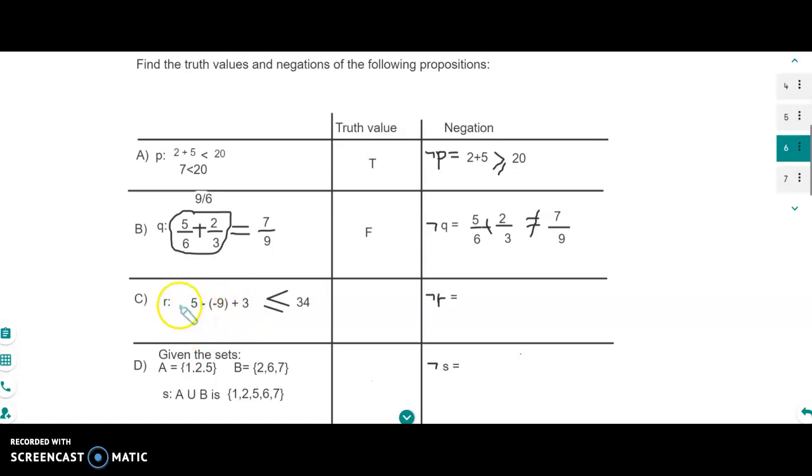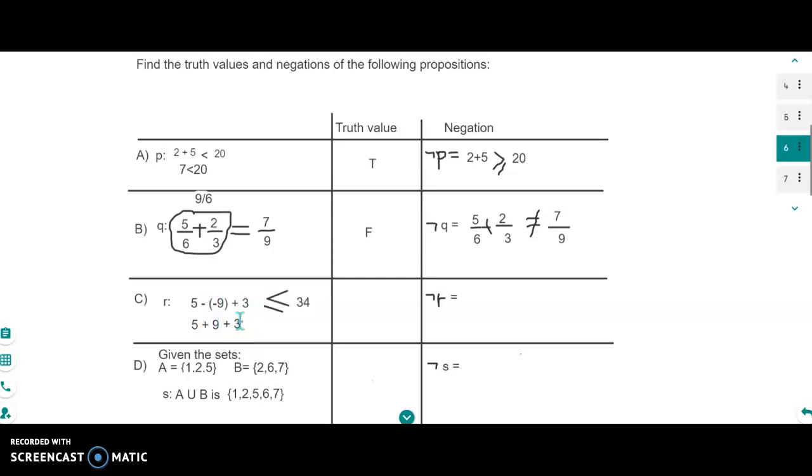Here we have 5 minus negative times negative, minus 9 plus 3. How can we find this result? Let's find out if this is less or equal to 34. So we find this result: it will be 5 plus 9, because negative times negative is positive, and here we have plus 3.